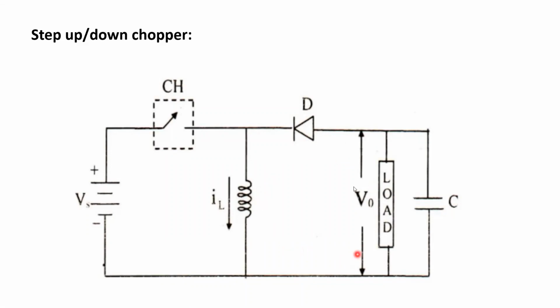During this path only the current flows. So when the chopper is in off condition, only then is there a possibility of getting the output voltage, which is similar to the step up chopper we have discussed. Is it right? That means when the chopper is on, there is no output voltage. When the chopper is off, there is output voltage.